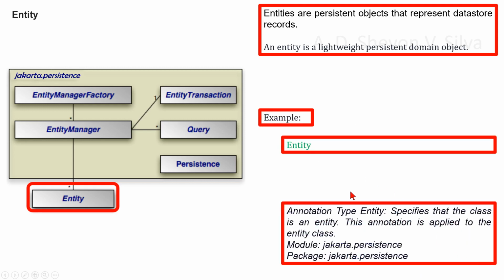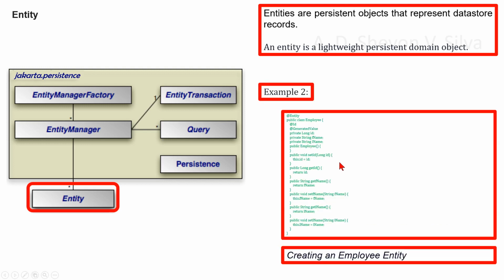As an example, we can consider annotation type entity. Specifies that the class is an entity. This annotation is applied to the entity class. This is in module jakarta.persistence and package jakarta.persistence.